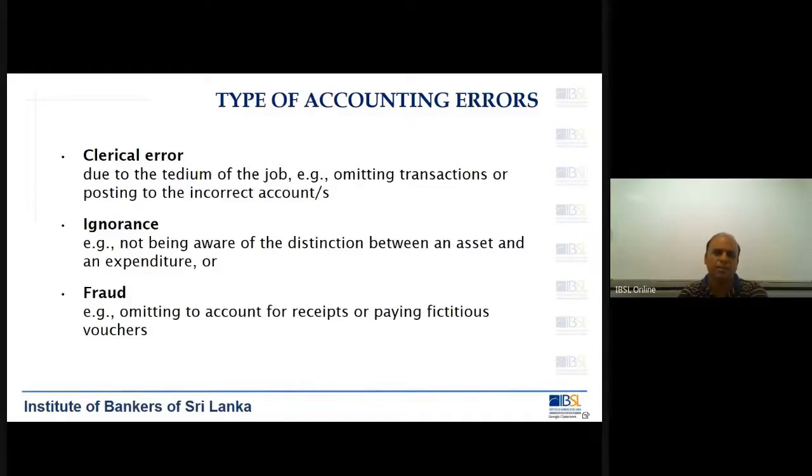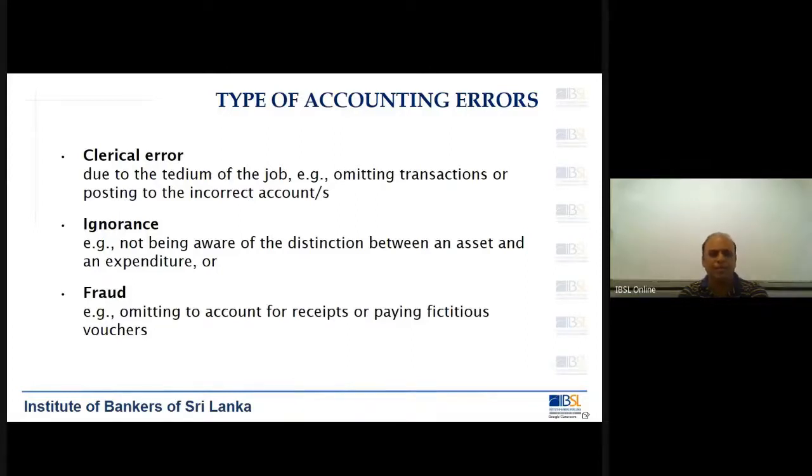That is, forgetting to post certain transactions or posting it to an incorrect account. So many things can happen. So the accounting people have named this particular error a clerical error. So a clerical error is an error which is committed by the person who is handling the task.